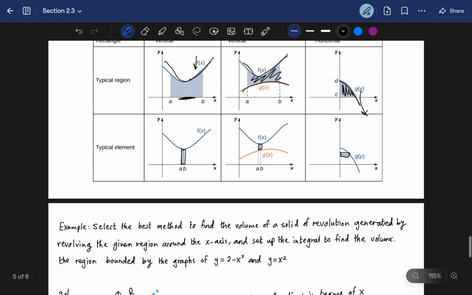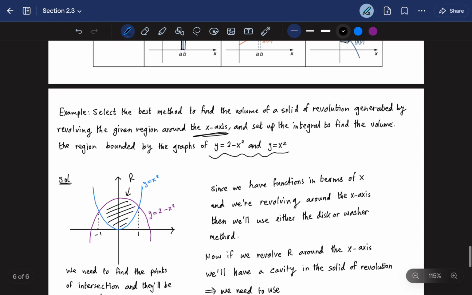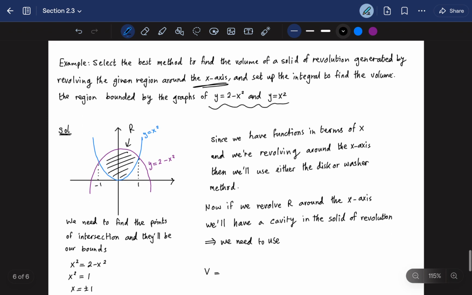So let's look at this example. We want to select which method is best to evaluate the volume of solid of revolution revolving around the x-axis, and we have these two functions. Okay, so we have two functions and we have the x-axis. So let's look at the graph of these two functions first.